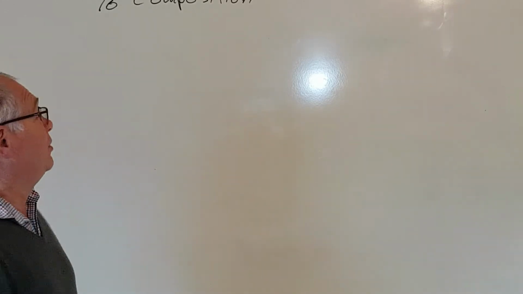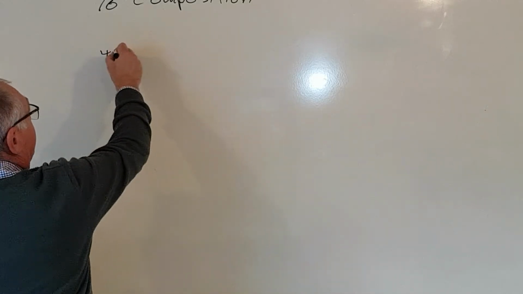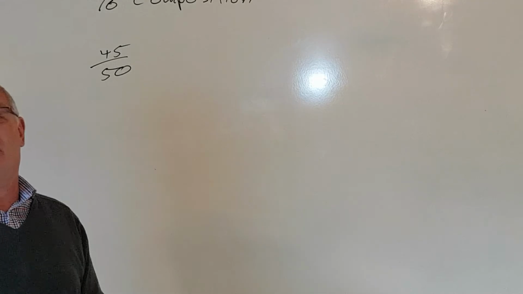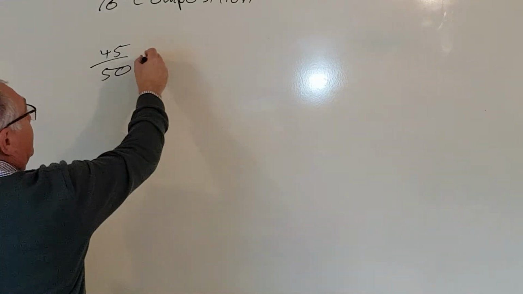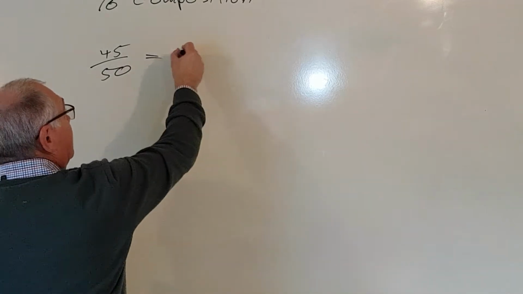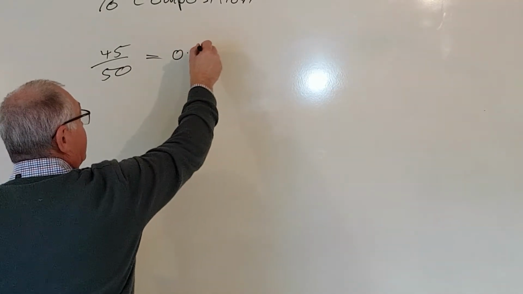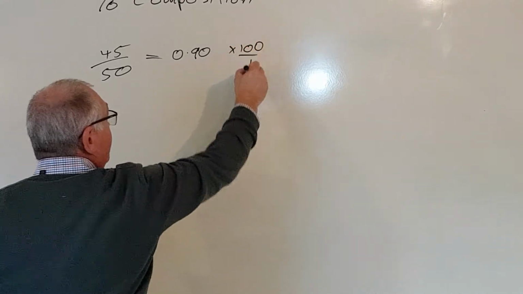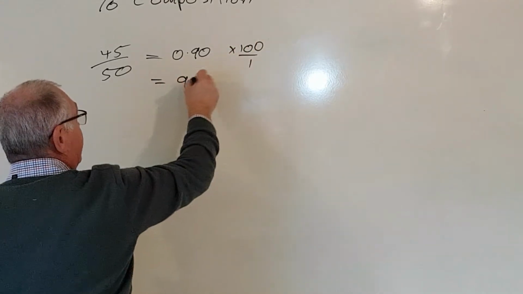Let's say, for example, that you have scored 45 out of 50 in a test. If we convert that to a decimal, that is 0.90, and if we were to multiply that by 100 or 100 over 1, that would be 90%.